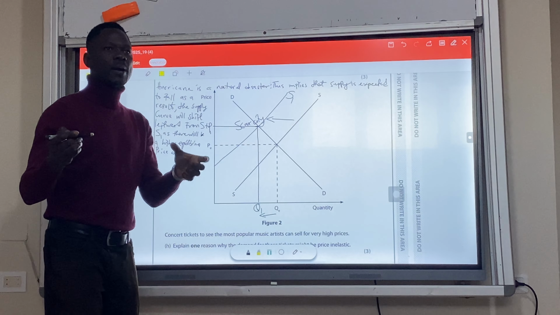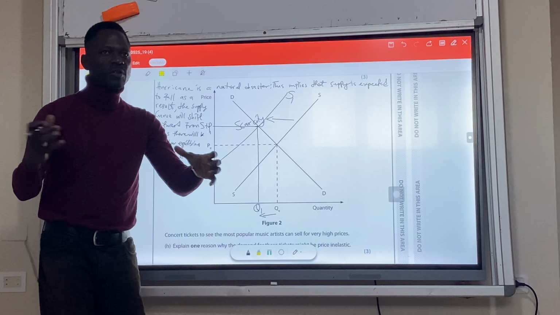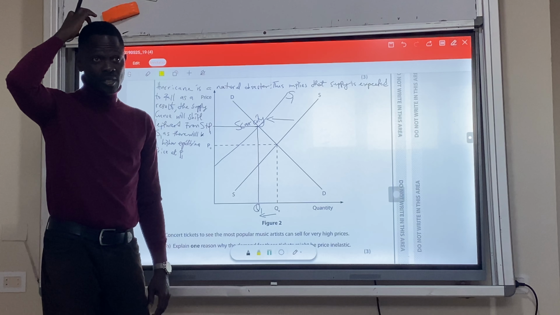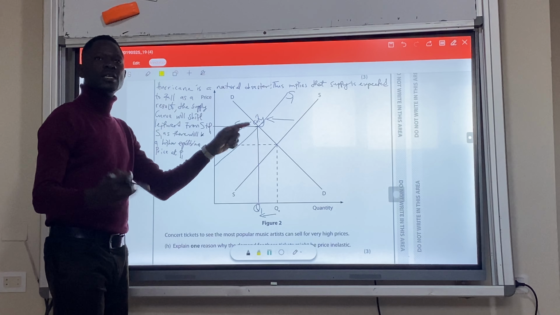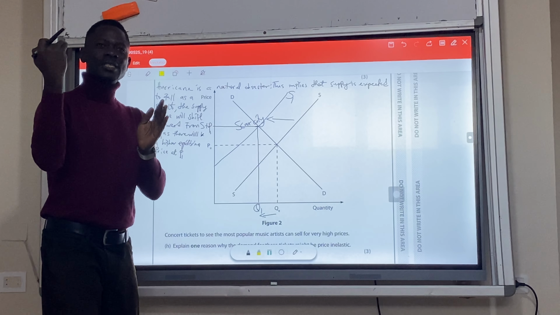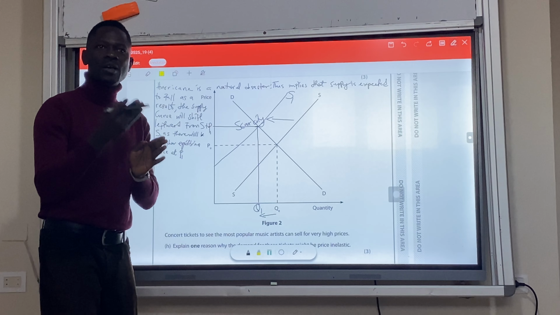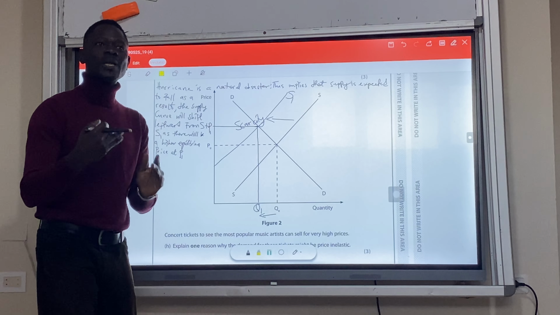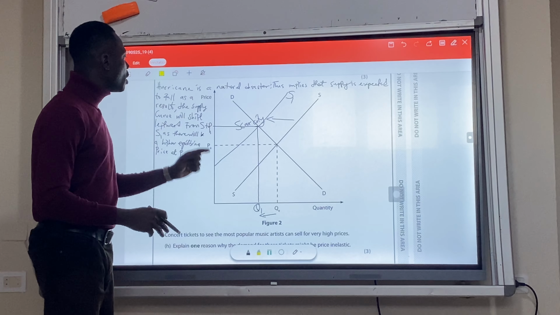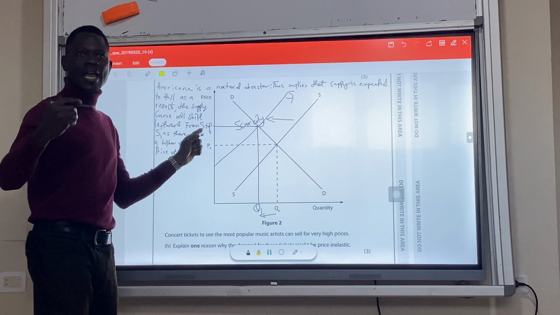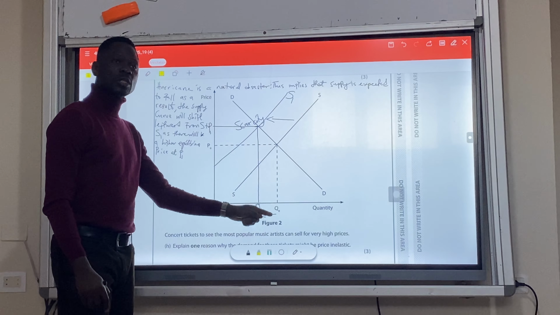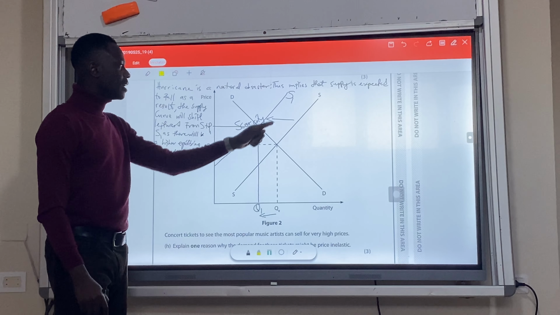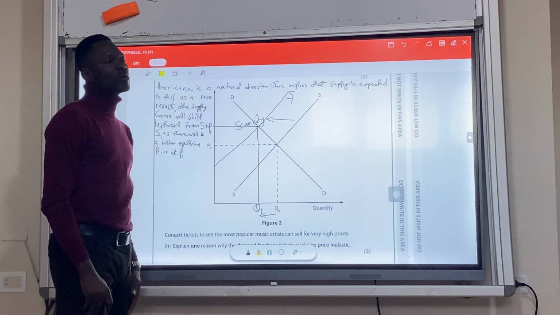Scarcity will lead to a higher price because everybody will be jostling for the product. Do we get it, please? So scarcity means the product is not available. That means demand is more than supply. And if demand is more than supply, price is expected to rise. So the new equilibrium price will be at P1, that's a higher equilibrium price. The new equilibrium quantity will be at Q1, and the supply curve will shift left from S to S1.